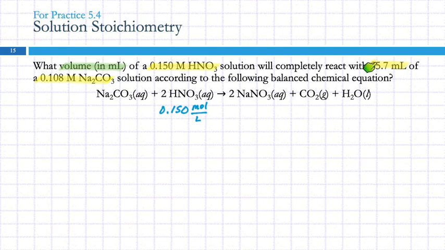And then we have 35.7 milliliters of, that's the sodium carbonate. So I'm going to write that under sodium carbonate, 35.7 milliliters. And then this is the concentration of that solution, 0.108 moles per liter of that solution. And then the question is, what is the volume of the HNO3 in milliliters?